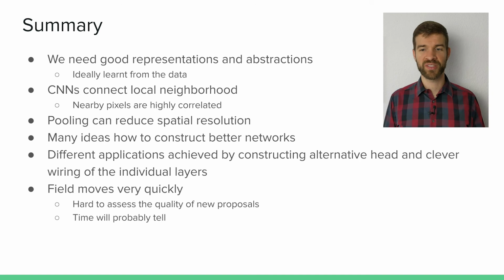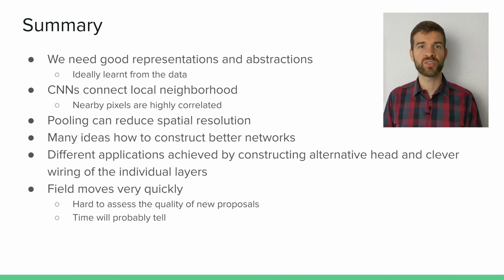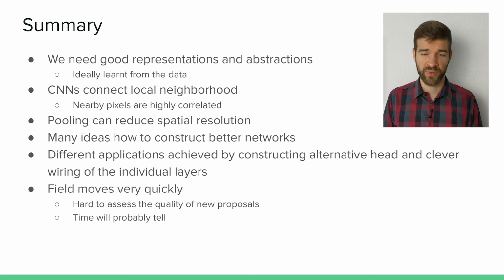We need good representations and abstractions to do anything meaningful with our input images if we want to apply deep learning to visual computing. And we want to learn these representations from the data. We don't want to create feature extractors like SIFT, SURF and HOG features, which are great on their own, but maybe there are better ways, and we don't want to depend on these things. We want to learn them from the data.